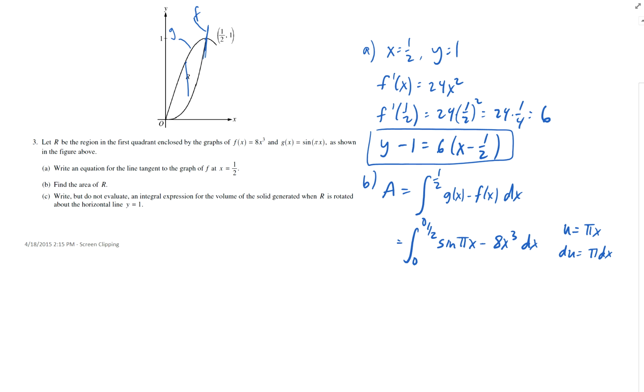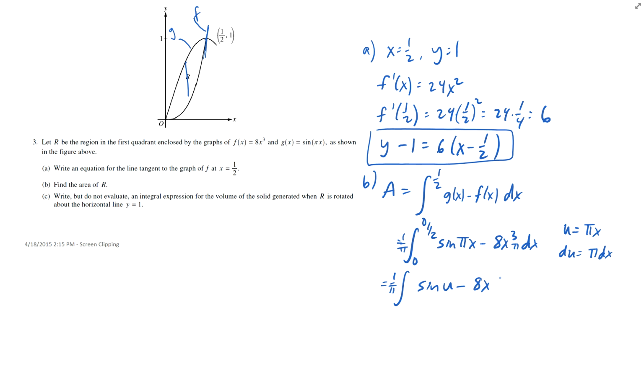Now in this case, you know what? Yeah, I can go ahead and do that. So this becomes the integral of sine of u, I'm going to put in a pi, take out a 1 over pi. Sine of u minus 8. Oops, I can't do that because of subtraction.